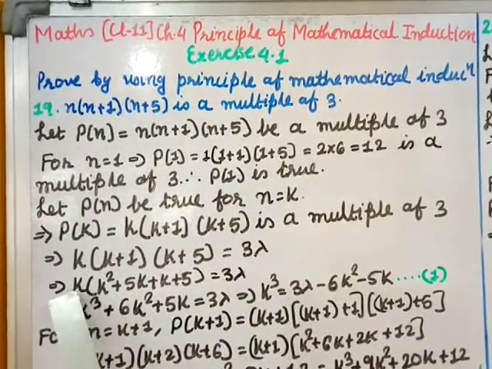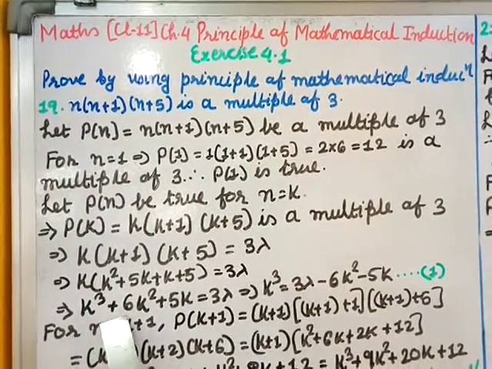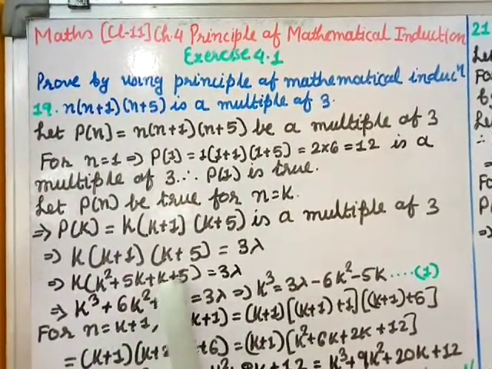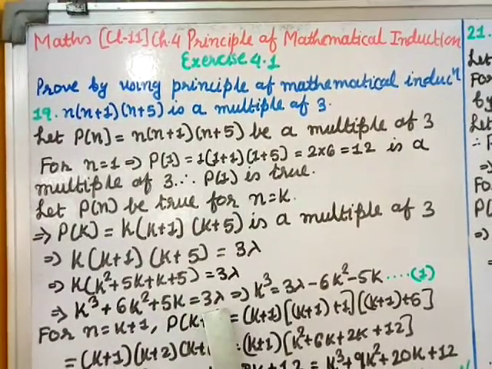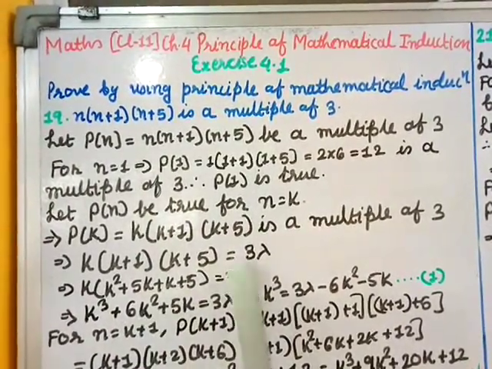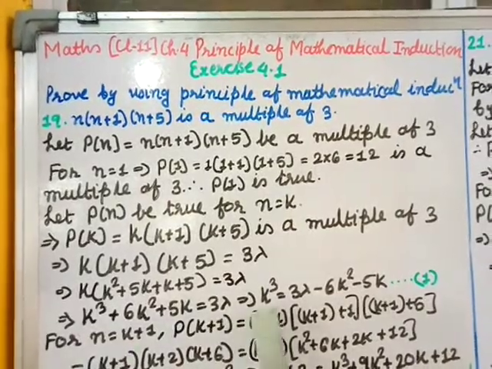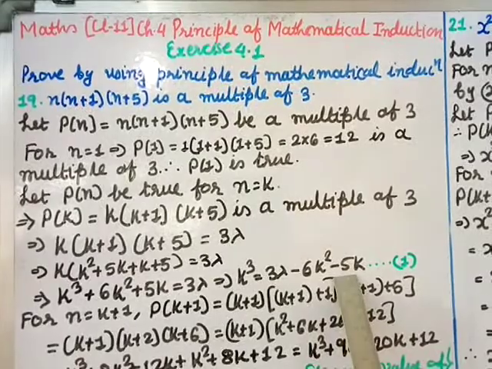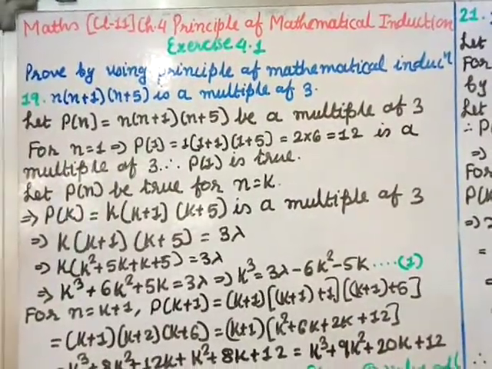Multiply k inside: k cube plus 6k square plus 5k equal to 3 lambda. These two terms transfer over here, they become negative, and here remains k cube equal to 3 lambda minus 6k square minus 5k, call it equation 1.